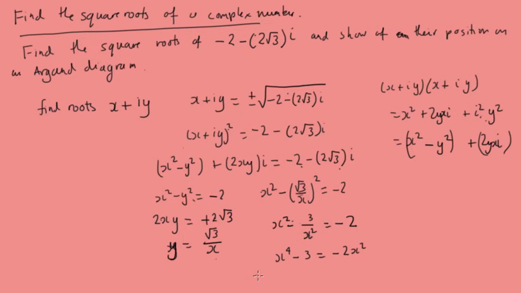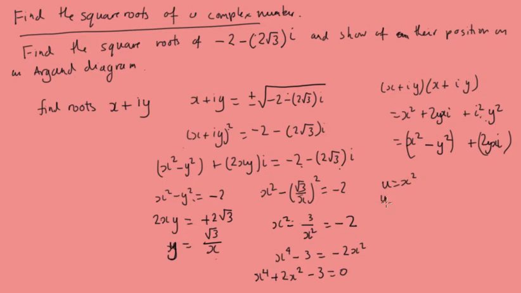And so we're going to bring this over: x to the power 4 plus 2x squared minus 3 equals 0. Now, this looks a little bit like a quadratic equation, but we're going to use a substitution. So let's let u equal x squared.